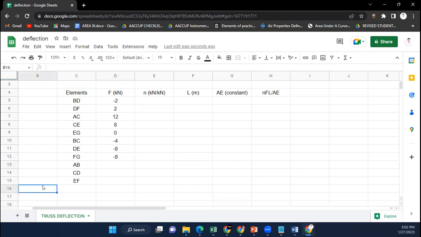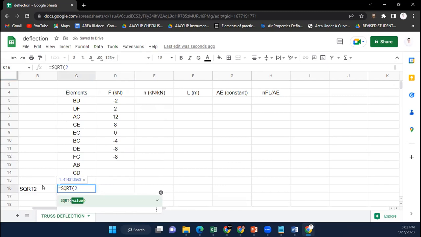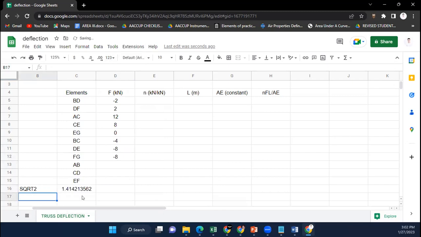So, dito gawa muna tayo ng square root of 2. So, that is square root of 2. Okay, so AB is negative 2 multiplied by square root of 2.